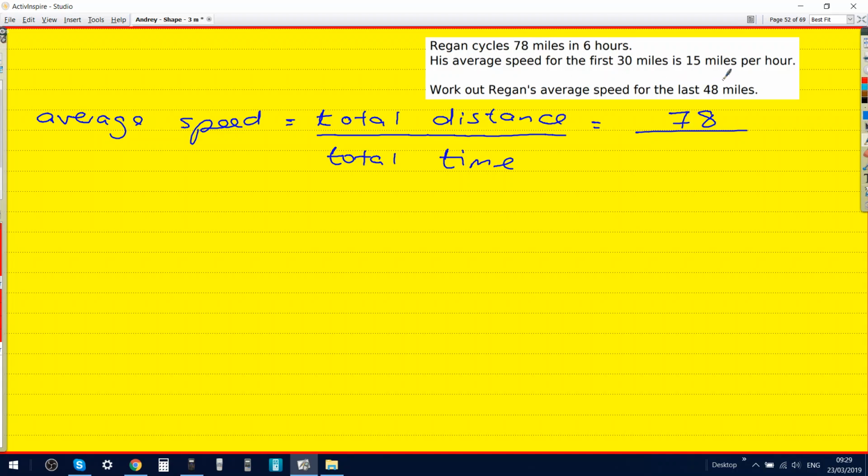For the last 48 miles, so we want the average speed for the last 48 miles. Yeah. So we'll just consider that 48. And the time, in 6 hours. Okay, how do we get the time it took for the last 48 miles?